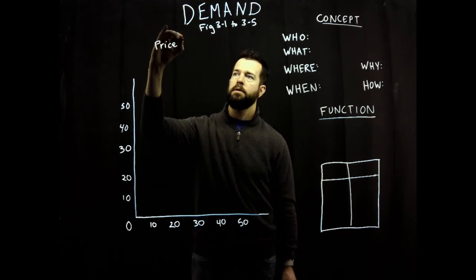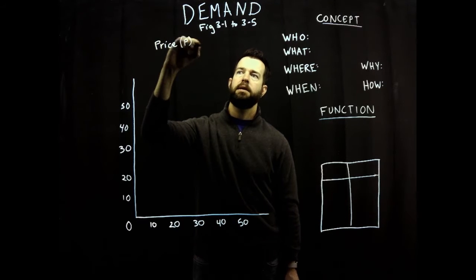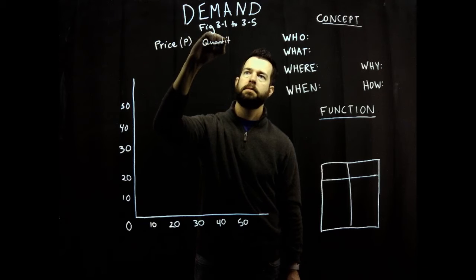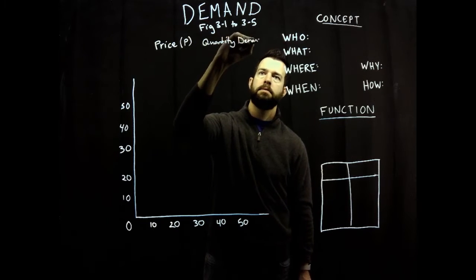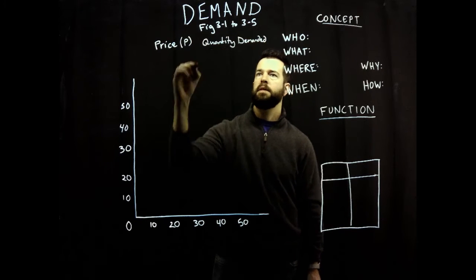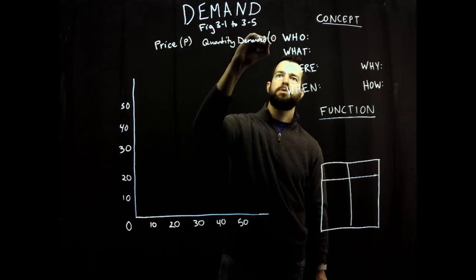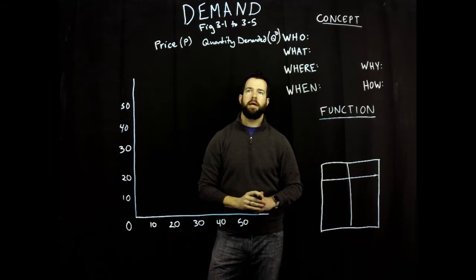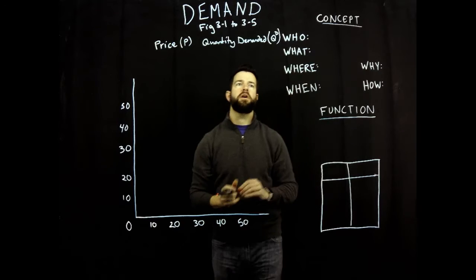And we're going to denote that with a P. And then its corresponding quantity demanded, and that is going to be given a QD for quantity demanded. Okay? All right. Let's take those two words and move on to the concept.